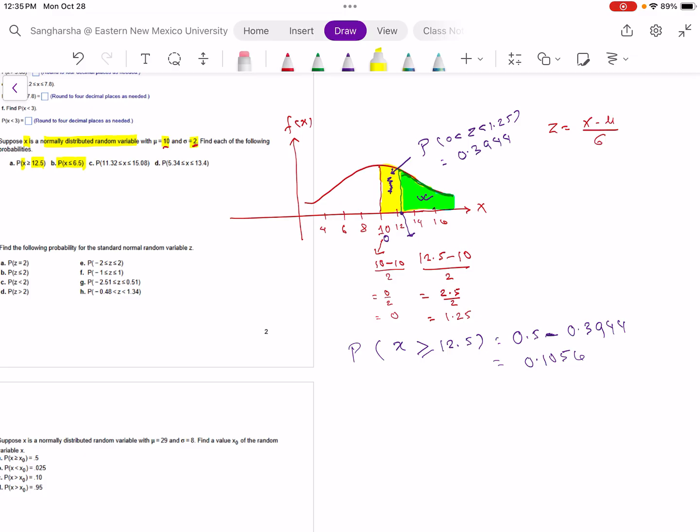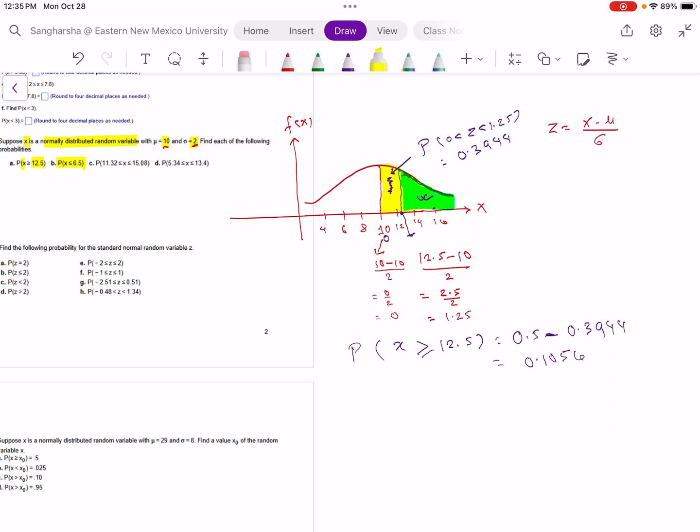Yeah, that area is this. So this is the area for this region. Our target is finding this region, right? So from here to here is 0.5. All this is 0.5, and if you subtract this region from 0.5, you get this region. So 0.5 minus.